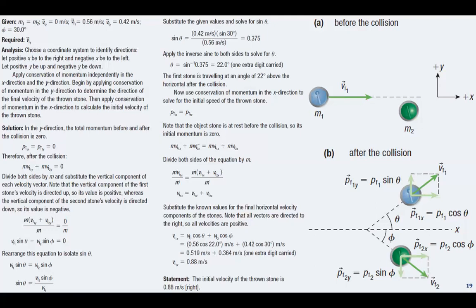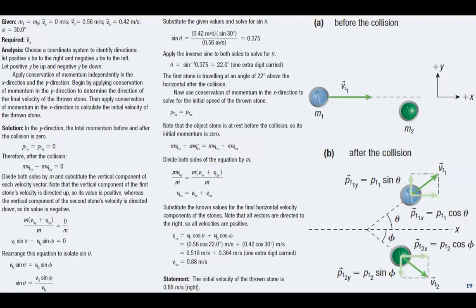So first, in the y direction, the total momentum before and after the collision are both zero, right? Which means we have P_Ti_y equals P_Tf_y equals zero. Therefore, after the collision, we have m Vf1y plus m Vf2y equals zero.